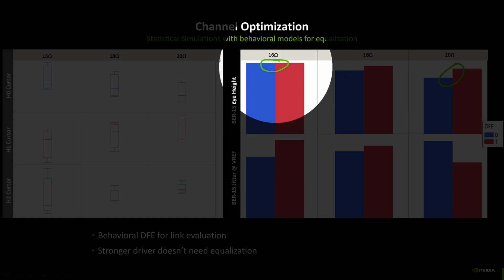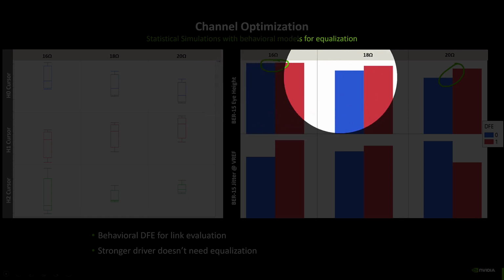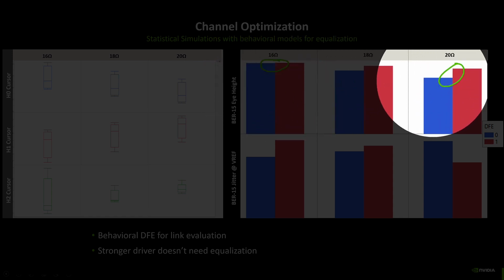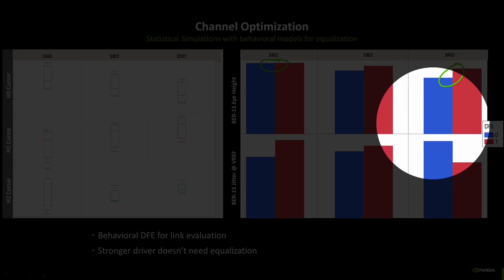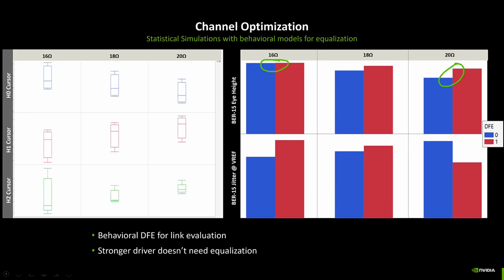As you can see, for a strong driver, I don't see any benefit in eye height due to DFE. But if I use a 20 ohm driver, I do see a benefit from DFE, and I'm also able to reduce my jitter. So it is possible to use behavioral models for equalization, and use statistical simulations to get a different feel for how the interface performs and what the equalization looks like.